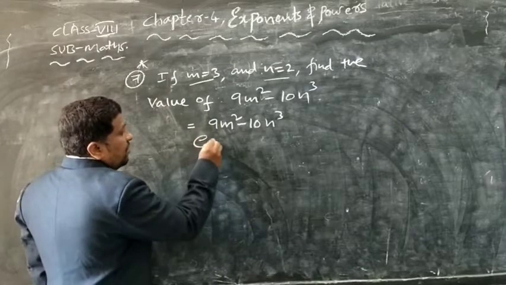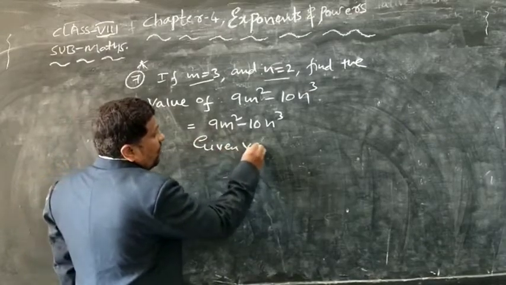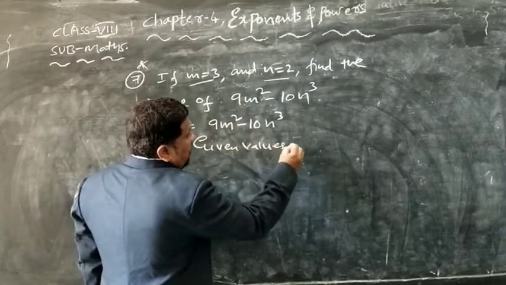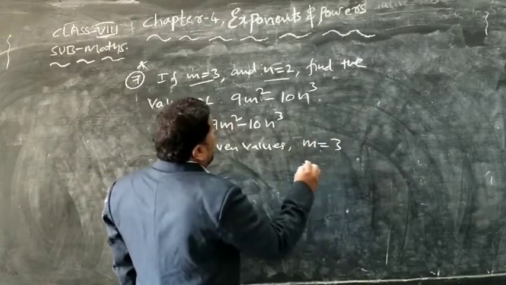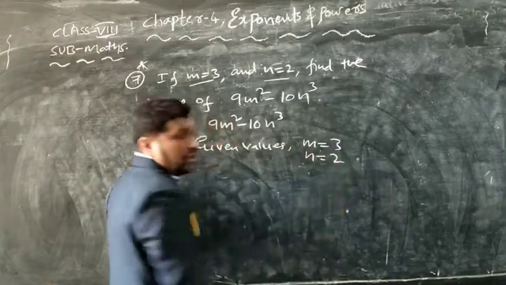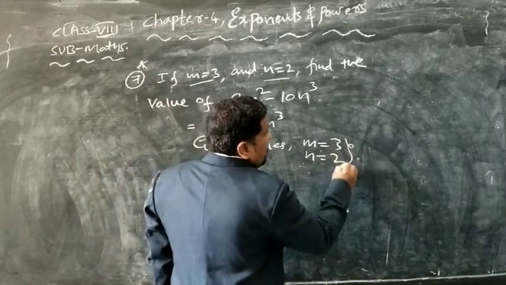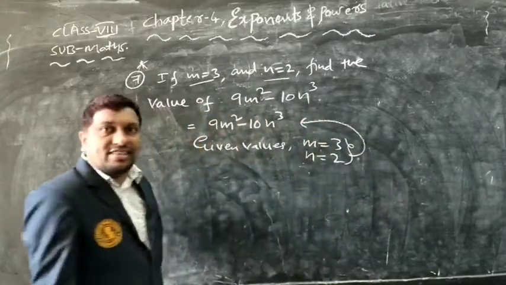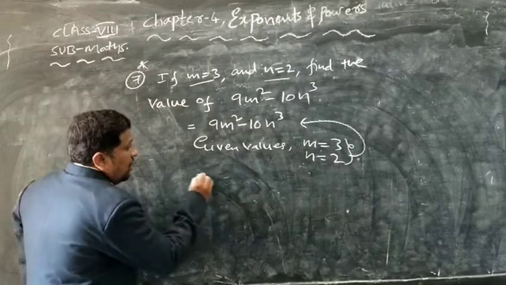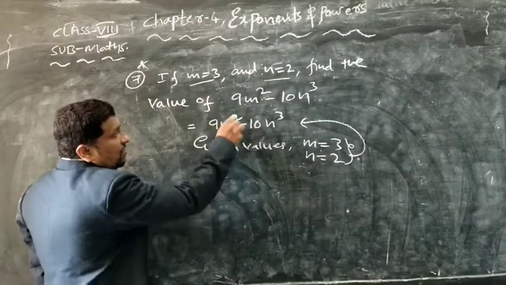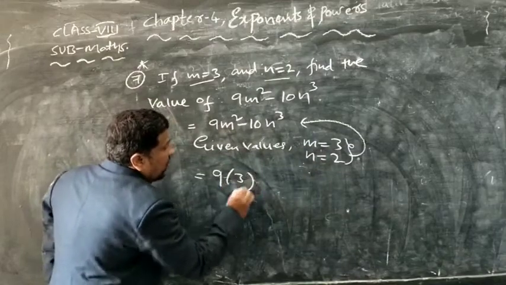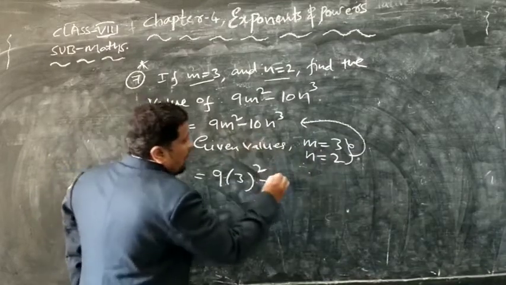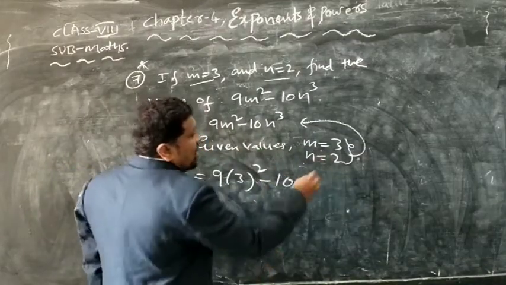Here given values are m is equal to 3 and n is equal to 2. These two values substitute in this equation, we get the result. So that 9 into m square, what is the m value? m is equal to 3, means (3) whole square minus 10 n cube. What is n value here?